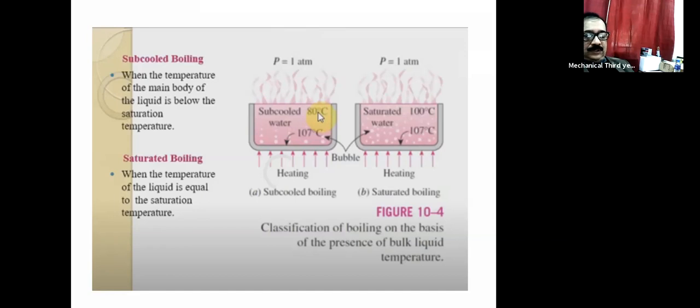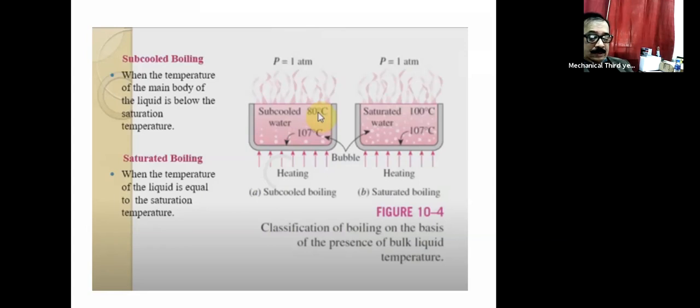And also just see now the bubble positions. So pool boiling is further classified as subcooled boiling and saturated boiling. Okay.